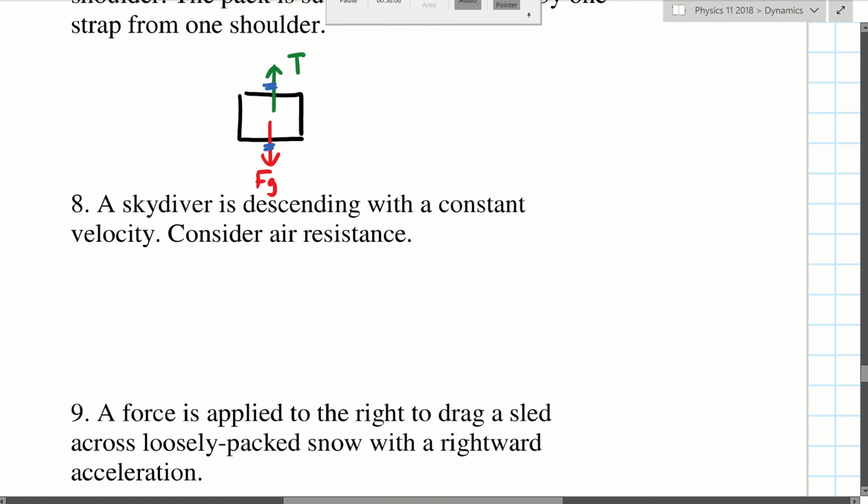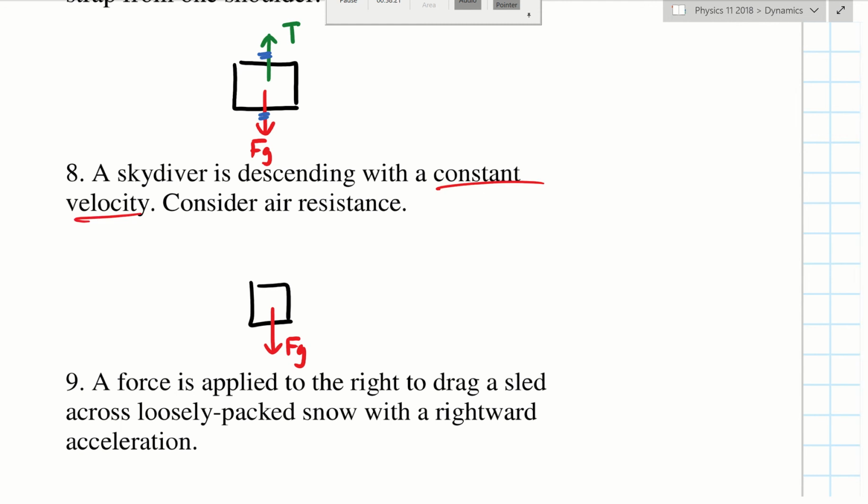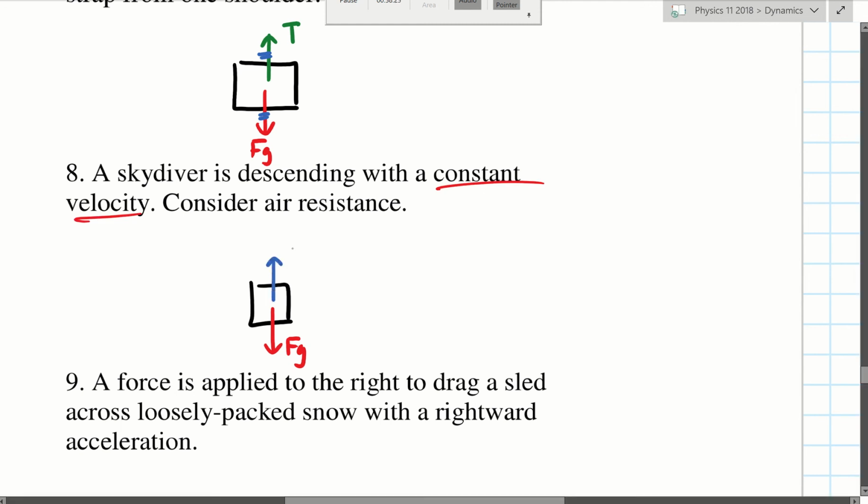Next one, a skydiver is descending with constant velocity. Consider air resistance. So it's a skydiver right here, a box. Gravity is making it accelerate downward, but you reach constant terminal velocity. Remember, that's what it's called, because friction is big enough. What kind of friction is it? It's called air friction.